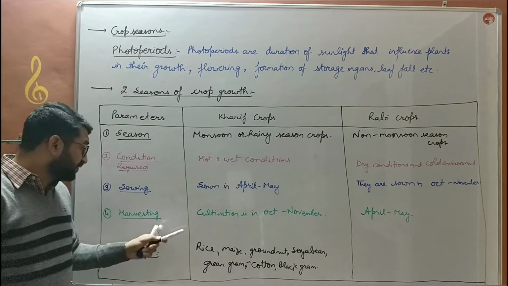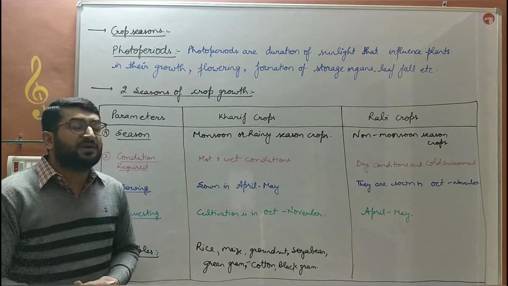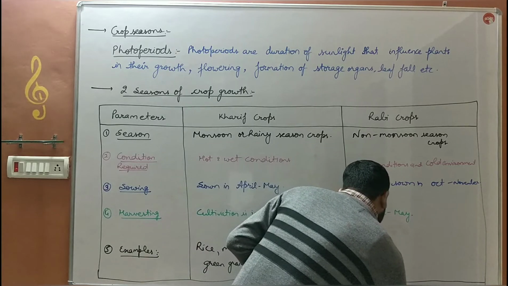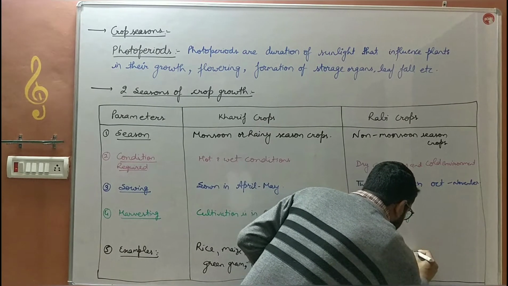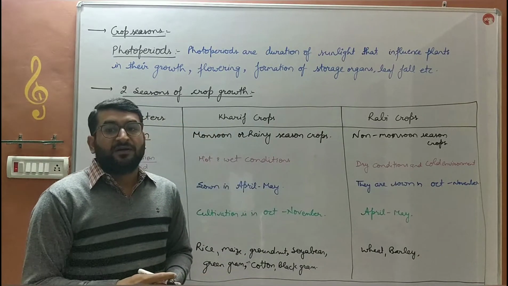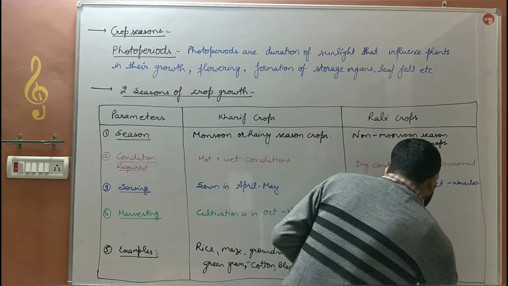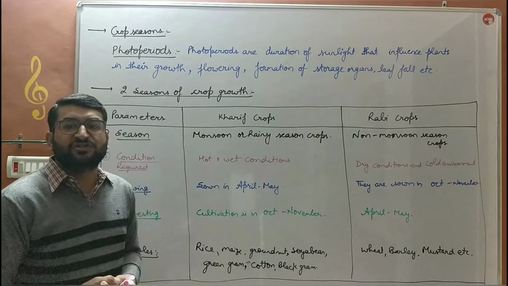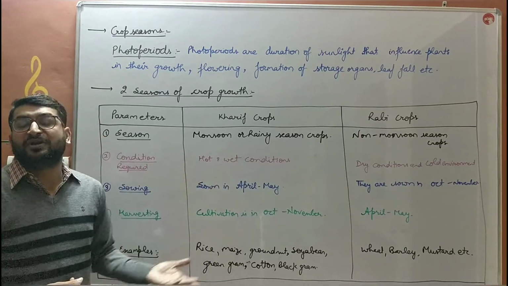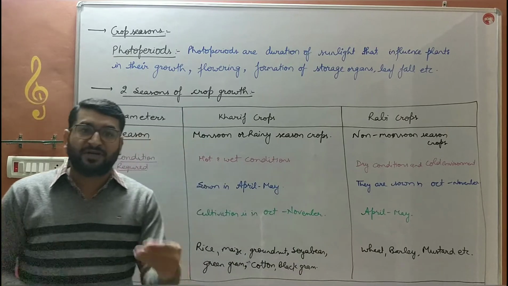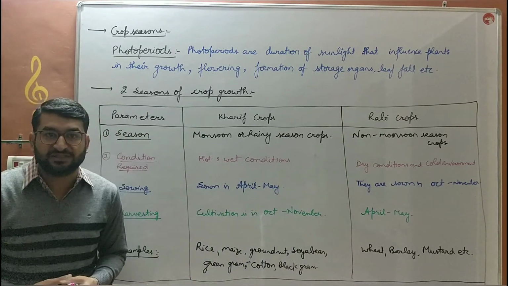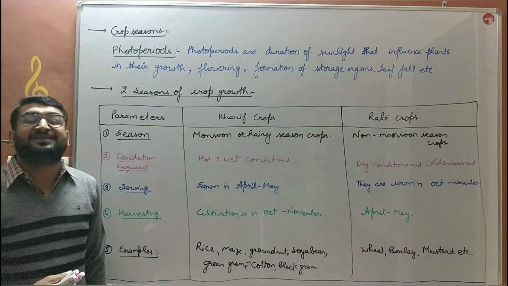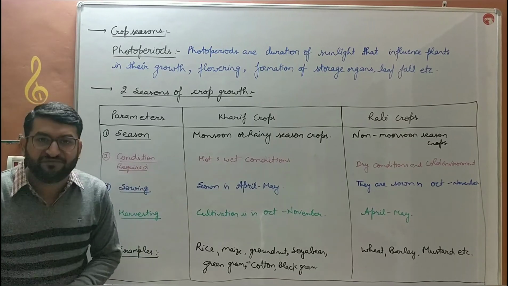So these are the crops which we grow in this rainy season. Whereas the examples of the rabi crops are wheat, barley, bajra, mustard, etc. In the rabi crops you may include the pea, green peas, linseed, which is called alsi in Hindi. So these are the crops which are usually grown in these kinds of conditions and environments. So that is the difference between kharif and rabi crops.